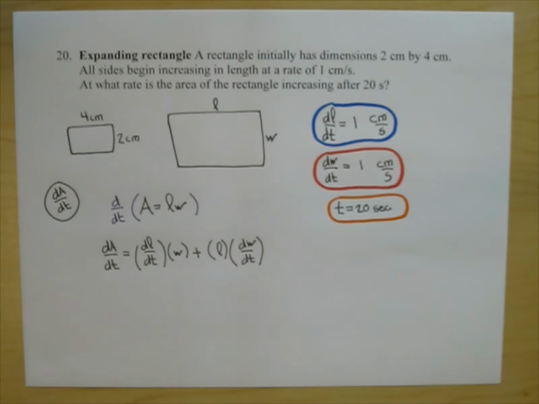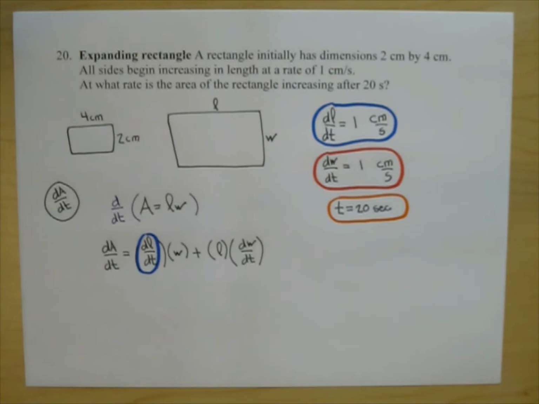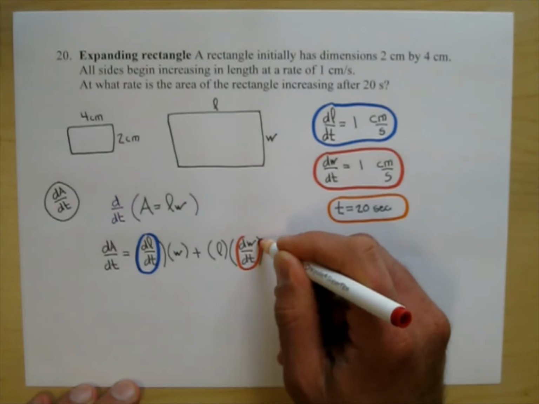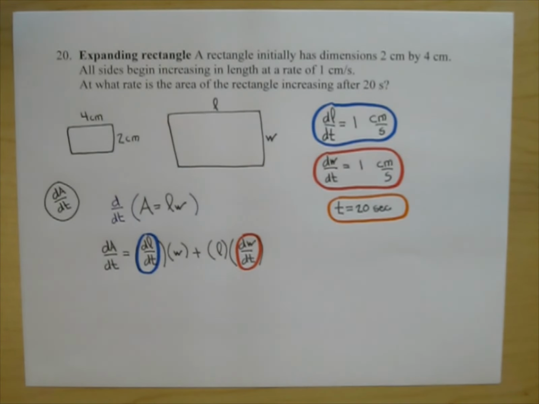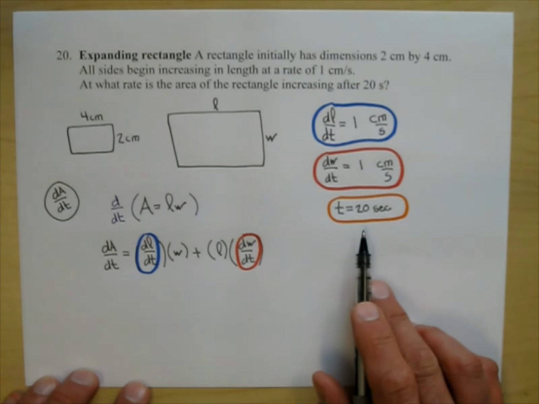Now notice what we have here. This is the blue one right here, which is cool. We know what that is. Here's the red one right here. But we don't know what the width is and what the length is. So we have to figure that out. 20 seconds. So let's think about this.